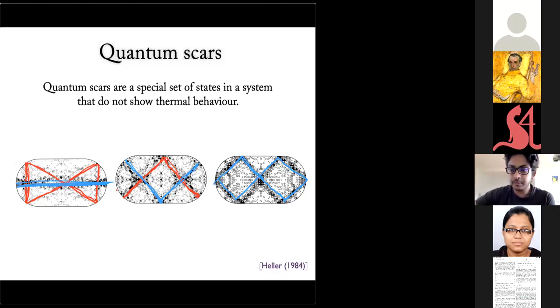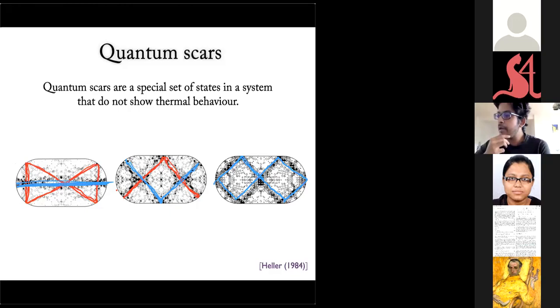There is a question in the chat by Akhil, whether these quantum scars are similar to localized states. Well, I think in MBL, all the states of the system do not obey ETH. But in an example such as this, there are only some special states which do not obey ETH.